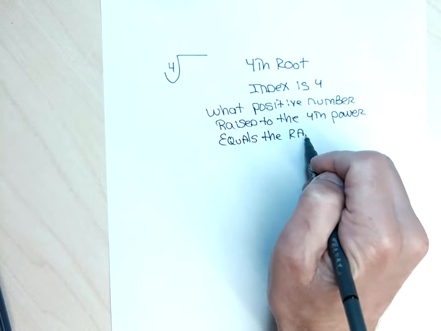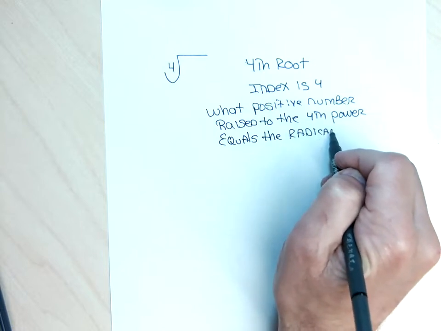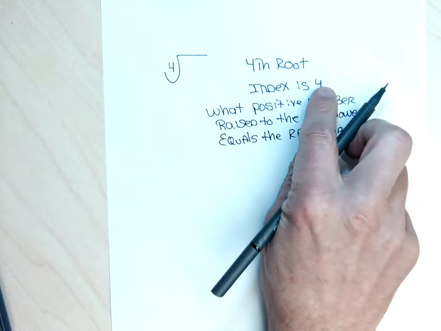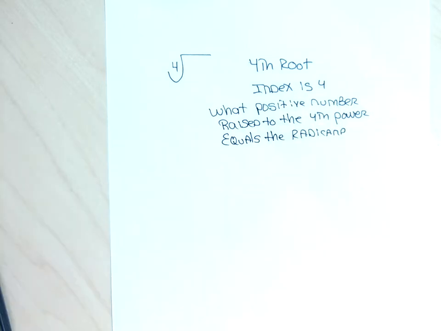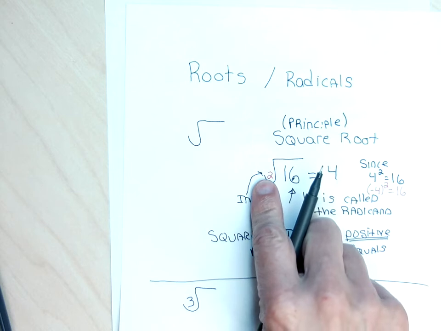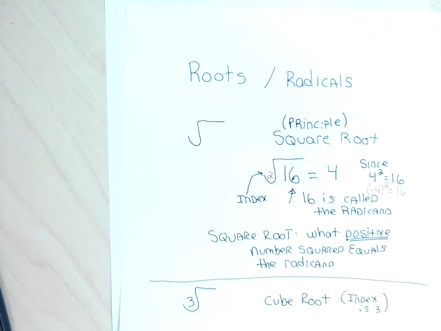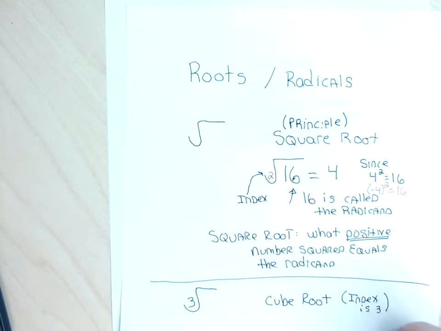So when the index is even, 4 is an even number, hence an even index. 2 is an even number, hence an even index. When the index is even, the answer is supposed to be positive. When the index is odd, it can be either positive or negative, depending on what the radicand is.